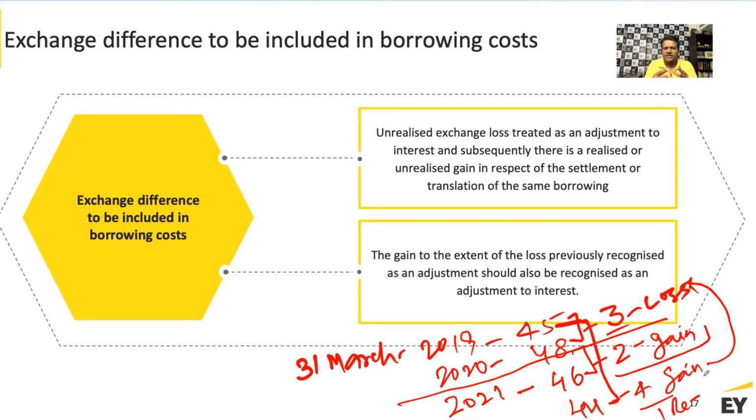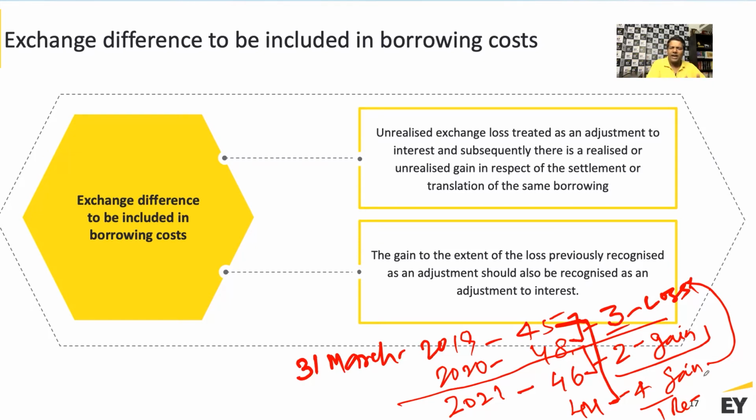The standard suggests that if you have exposed yourself to an exchange rate risk, and if you have a qualifying asset in your balance sheet, then the exchange rate loss which you incur in relation to your borrowing, to the extent of the interest saving which you could potentially have had if you had borrowed money in a domestic currency, should be considered for the purpose of capitalization as akin to an interest cost.